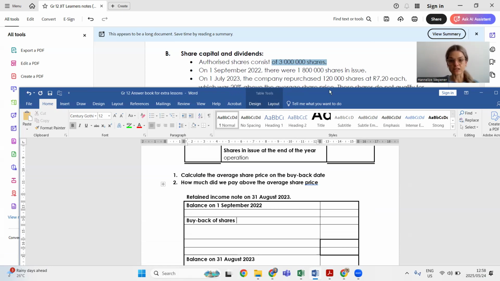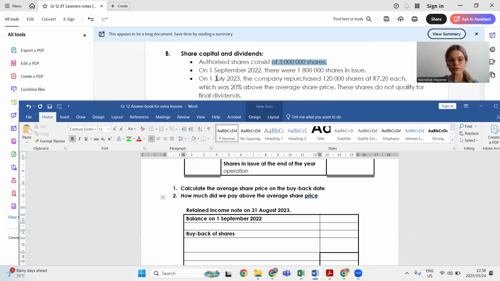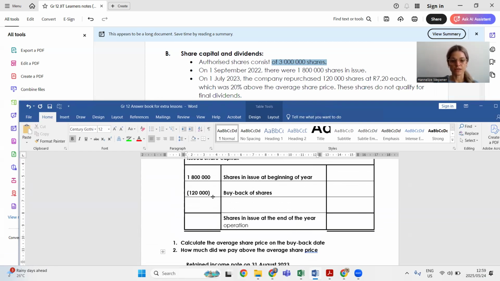Okay, so let's look at the adjustment. It says that on the 1st of July, the company repurchased 120,000 shares. We can see that in our note already. The shares were repurchased at R7.20 each. And this was 20% above the average share price.